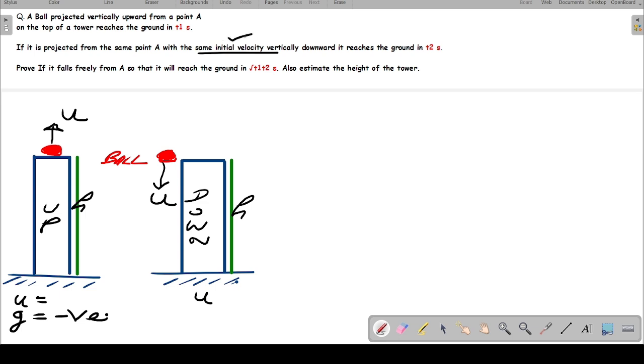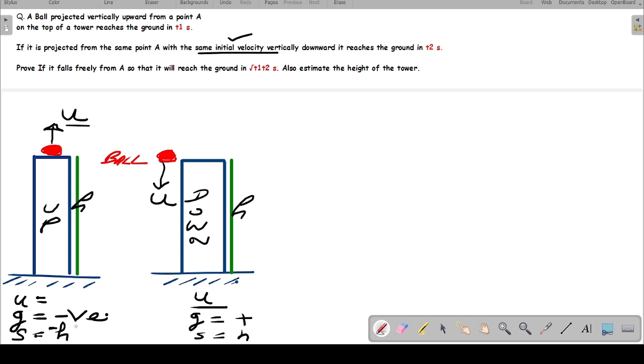So in the first case, when the ball is thrown upward, the value of acceleration due to gravity will be negative, because the ball is going against gravity, right? And the total displacement will be equal to h, because h is the shortest distance from the start point to the end point, so we will not consider the ball moving up and coming back to the same point A and then reaching the ground.